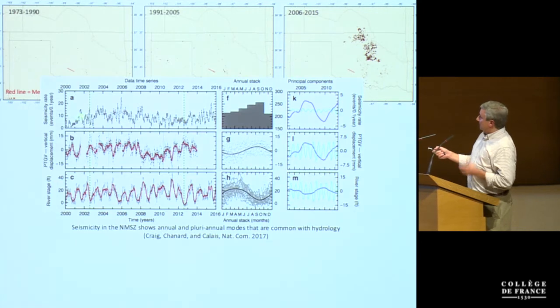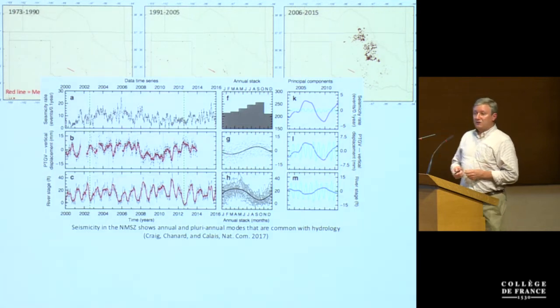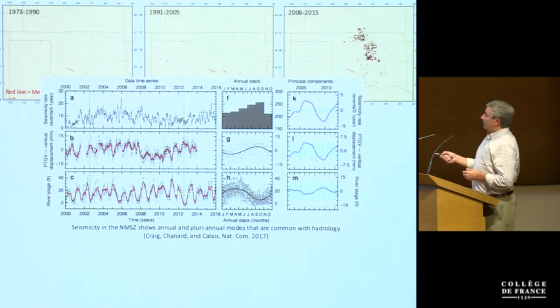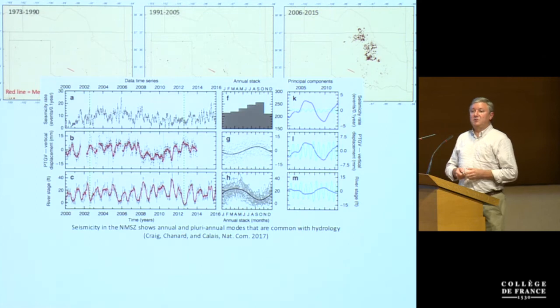And this is seismicity binned by, I forgot now, maybe 10 days. This is the position time series, the vertical position of a GPS site within the New Madrid region. And this is the water level of the Mississippi River.